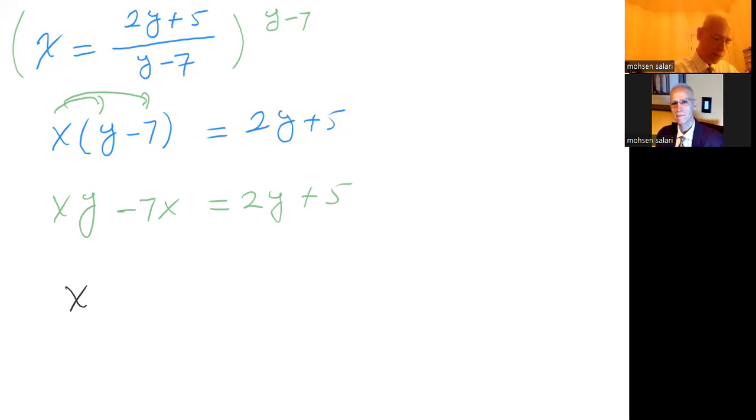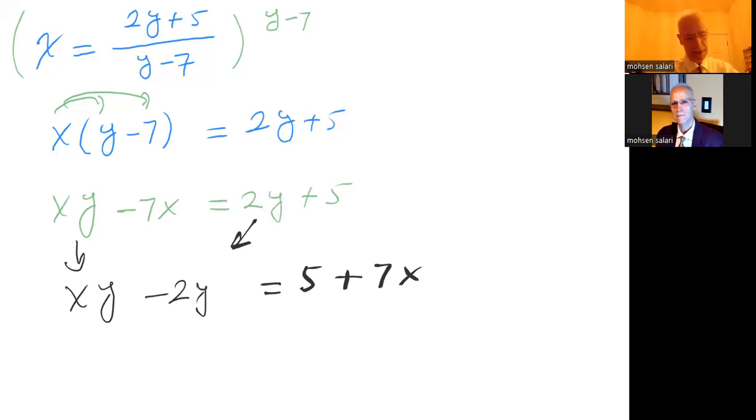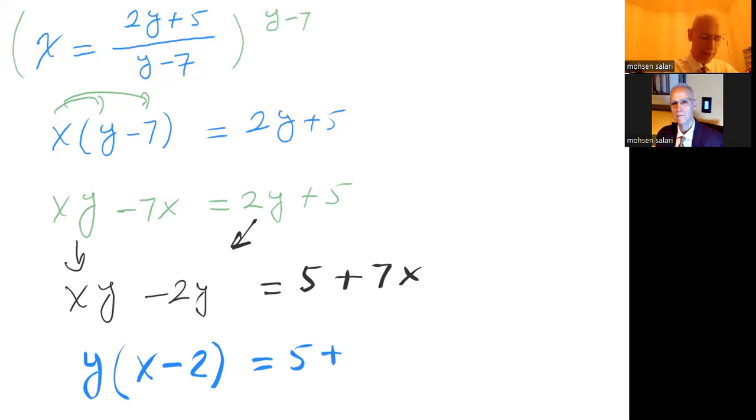So xy from here, minus 2y from here, equals 5, and then adding 7x to both sides, I have plus 7x on the right-hand side. Now what I can do on the left-hand side is factor the y. So y times x minus 2. Notice y times x is xy, and y times negative 2 is minus 2y, equals 5 plus 7x.